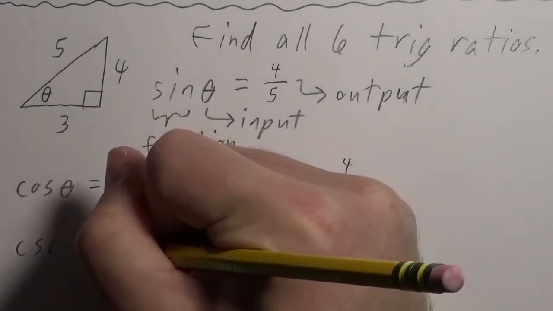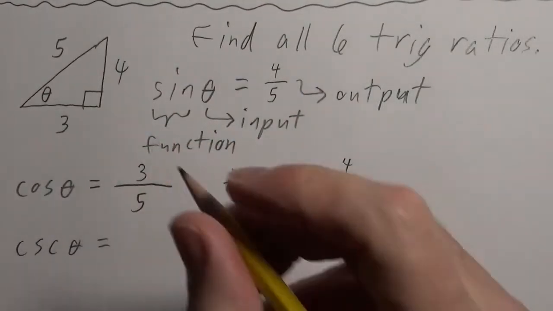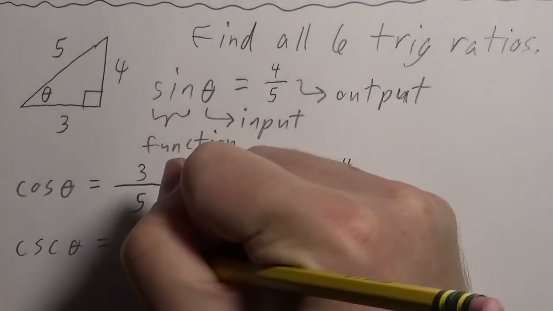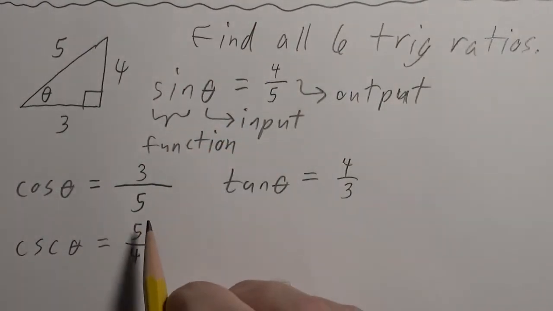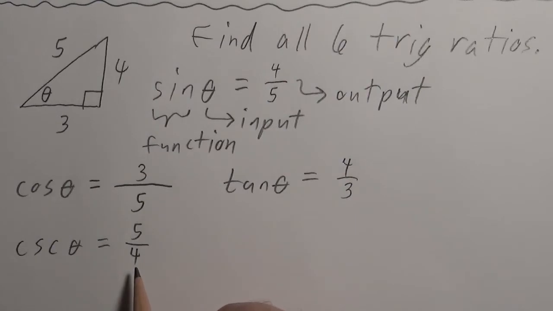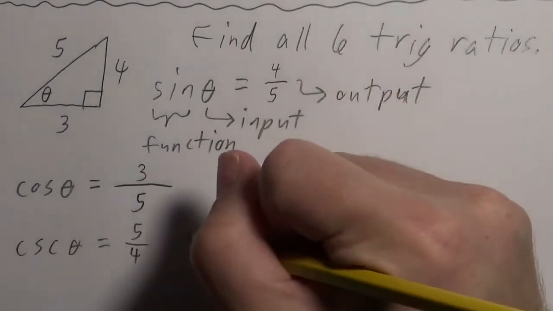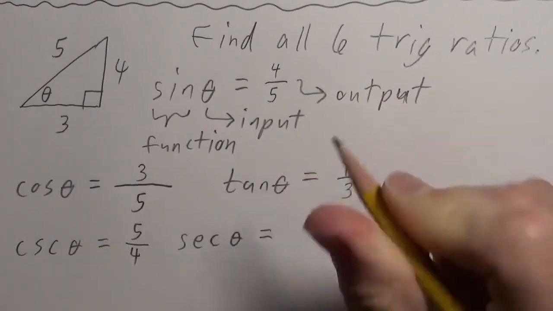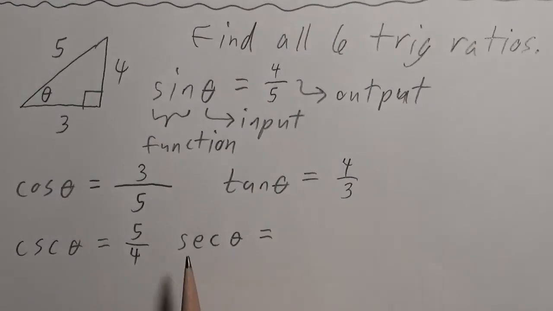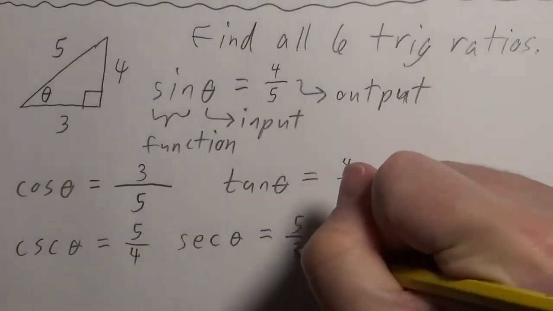C-S-C is the reciprocal of sine, and it's 5/4, also known as hypotenuse over opposite. The reciprocal of cosine is S-E-C, secant. This is an input, this is the function, the output is the ratio, which is the reciprocal of cosine, 5/3.